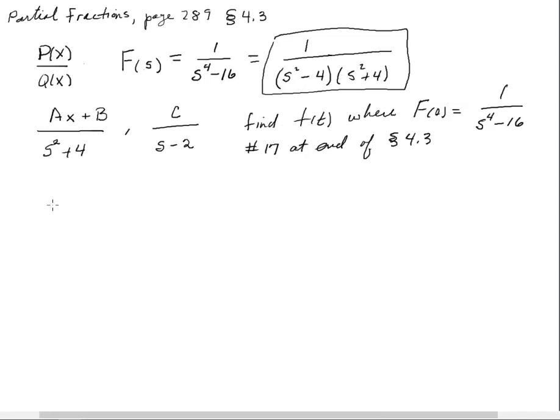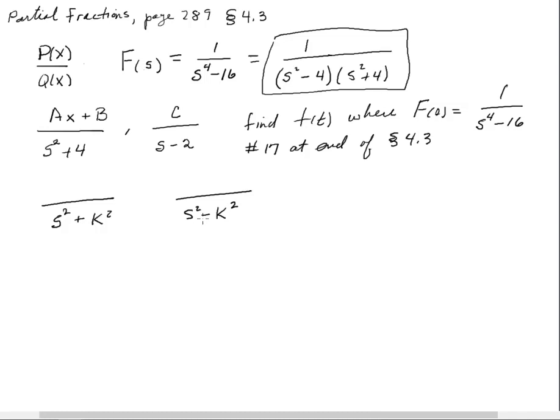And if I look again in the tables, I see that there is an elementary function that has a Laplace transform with a denominator of s squared plus k squared, and there's another that has a denominator of s squared minus k squared.